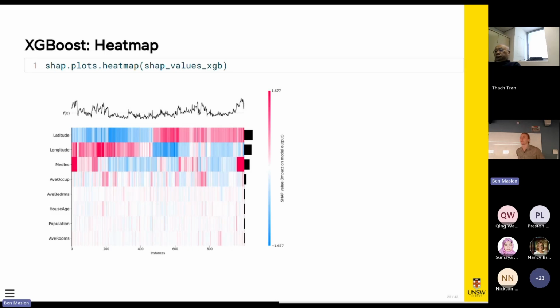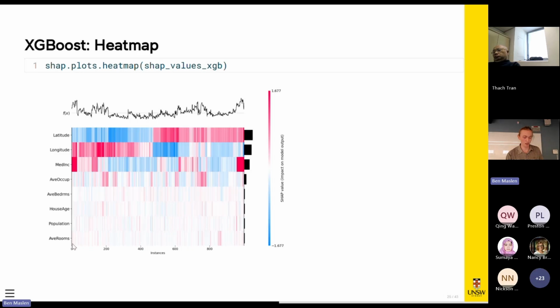You can also produce what's called a heat map, if you like. So it might be a bit confusing, but there's a lot going on in this plot, but you basically read it left to right, and it goes row-wise down your data set. Okay, so we've got 1,000 blocks of houses in our data set.